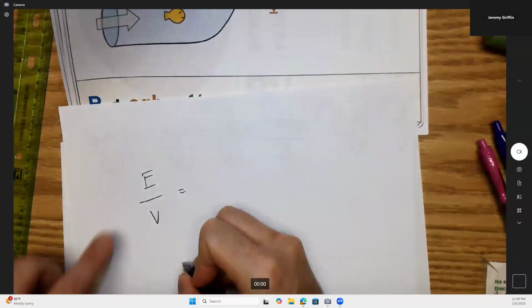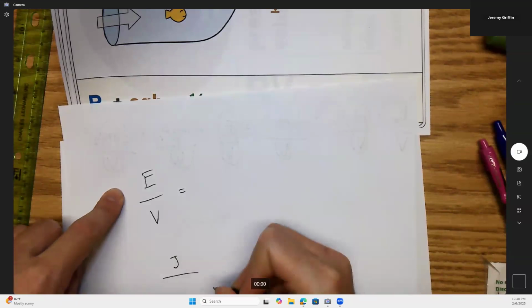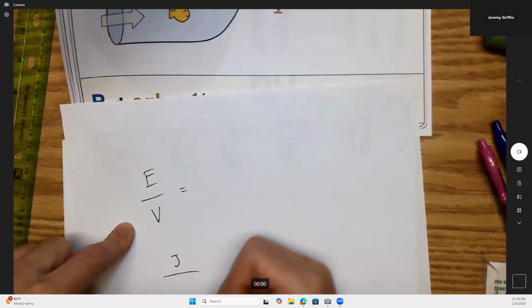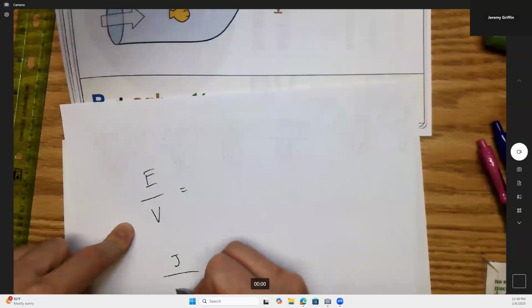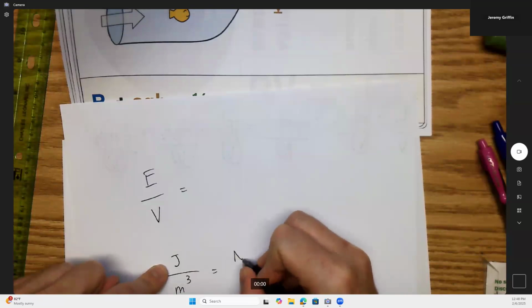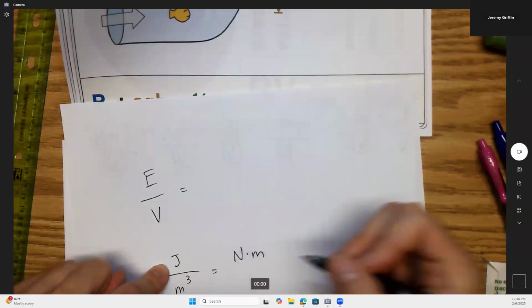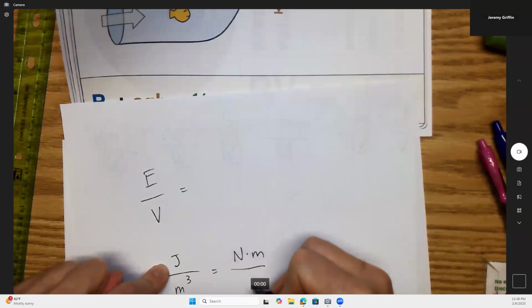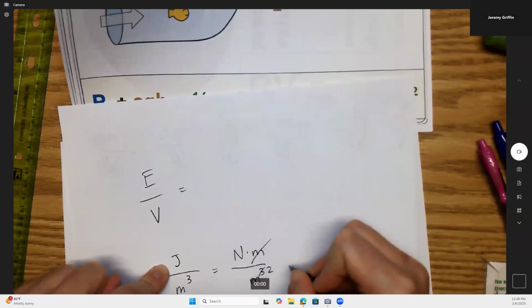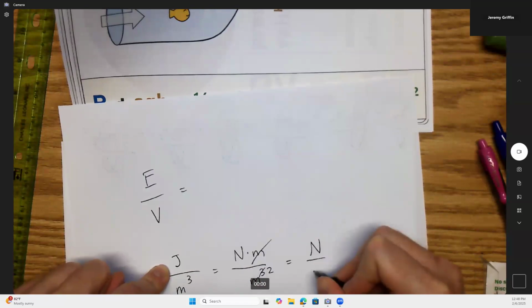Well, I know energy is measured in joules. Volume is measured in what? How big is the box? Some number of cubic meters, right? And 1 joule breaks down into newtons times meters, because I know work is force times distance. That would tell me I got cubic meters. Newton per square meter.